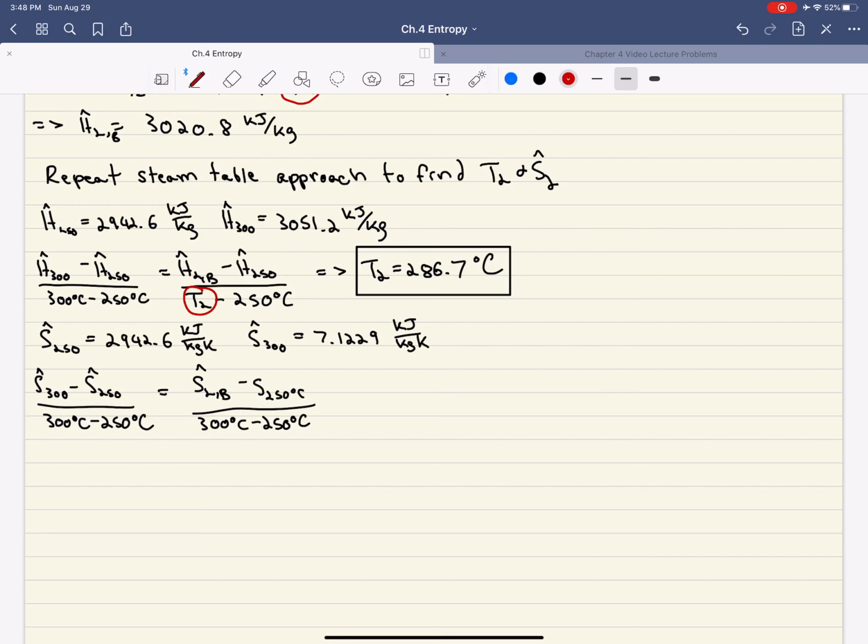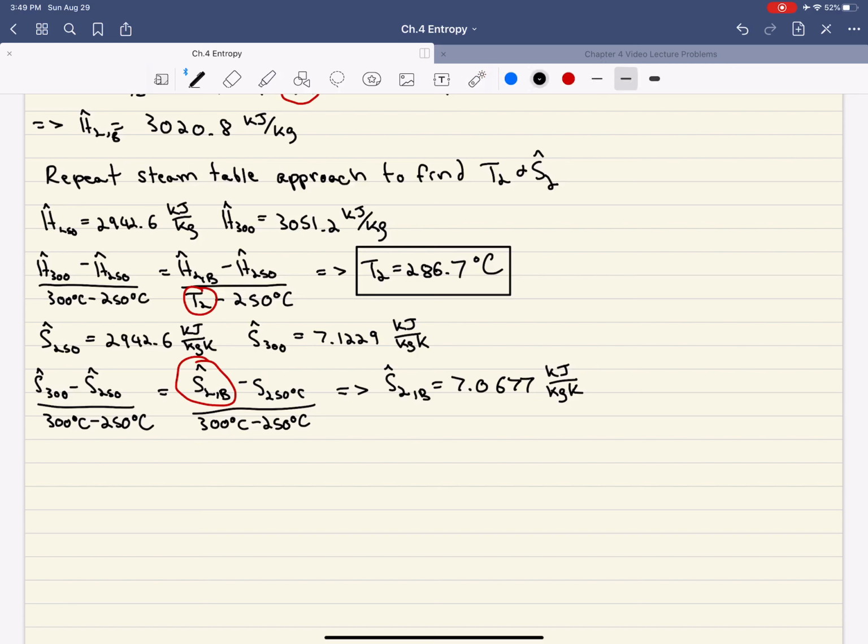Our only unknown is S2 part B, so we solve for it and we get an entropy of 7.0677 kilojoules per kgK. We see here our entropy is slightly closer to the 300 value than the 250 value, and that's because our temperature is closer to 300 than 250.